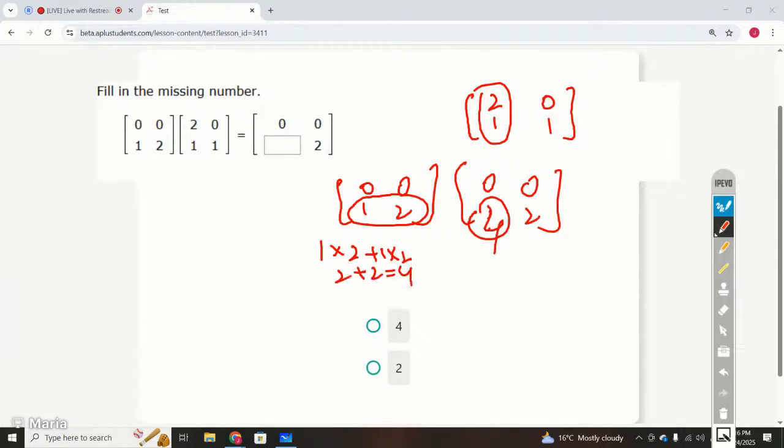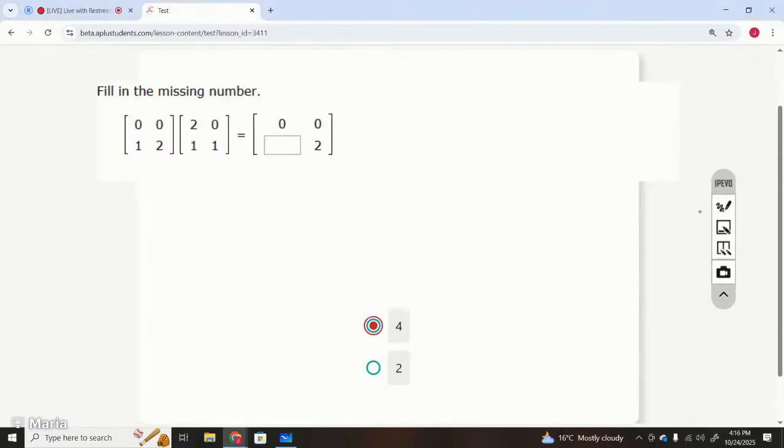So that means the missing number is 4. Option number 1 is the correct option. That is 4.